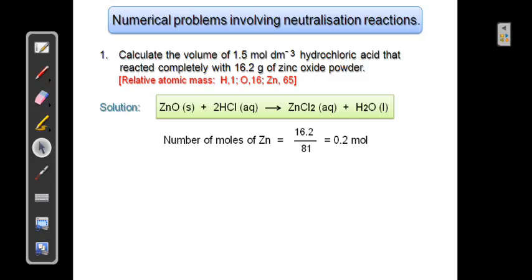So little amount. So the number of moles of zinc oxide is equal to 16.2 over 81, meaning the amount of zinc oxide in moles is 0.2 mole.